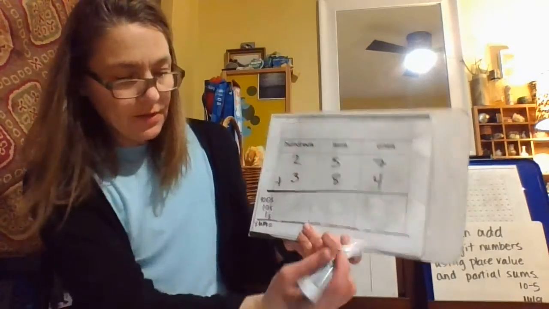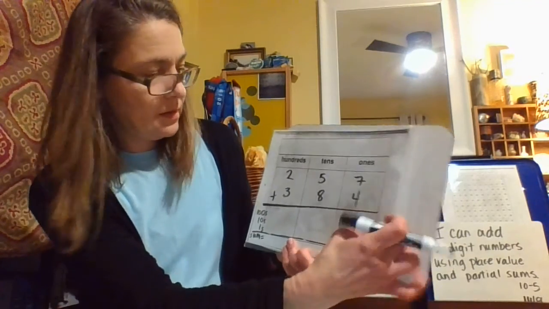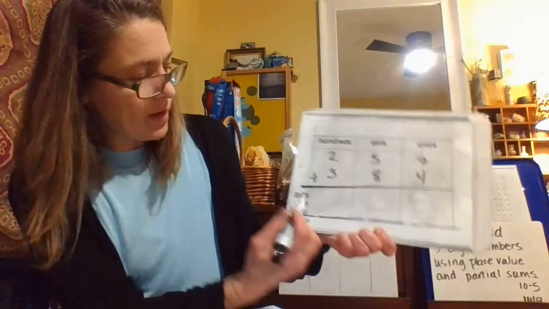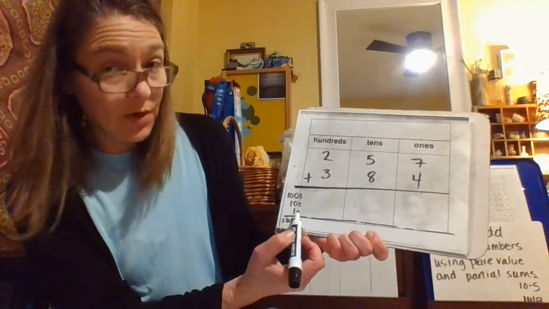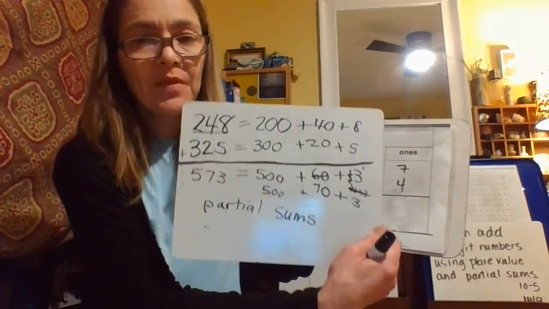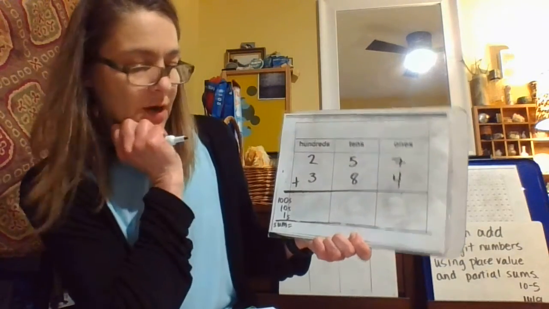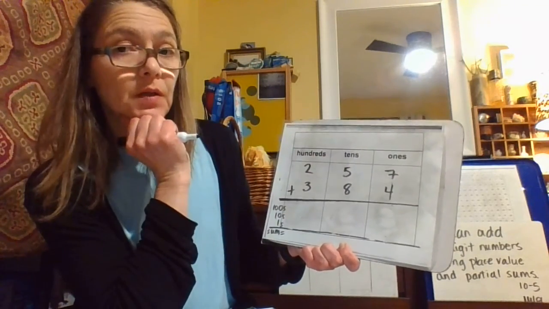And they have it as a grid. I don't have a grid, but I did write out the hundreds and the tens and the ones, and that's how they want you to do it. So whereas I expand it into expanded form, they want you to line it up underneath in the place value column.